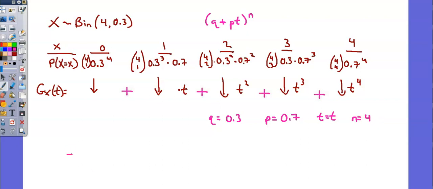And so now I can write my probability generating function as the binomial (0.3 plus 0.7t) to the power of 4.